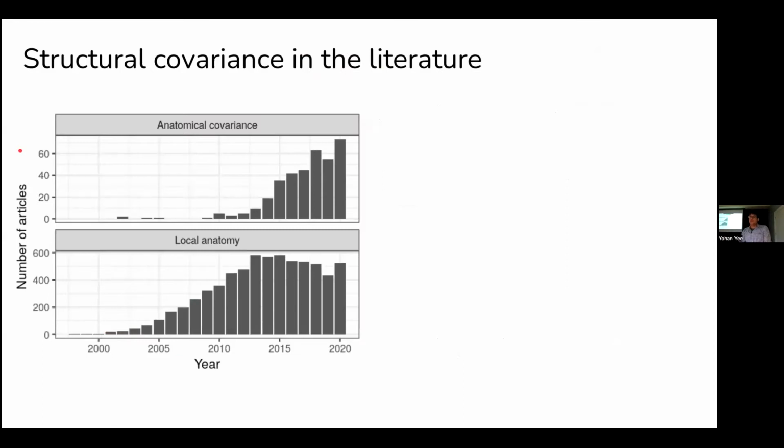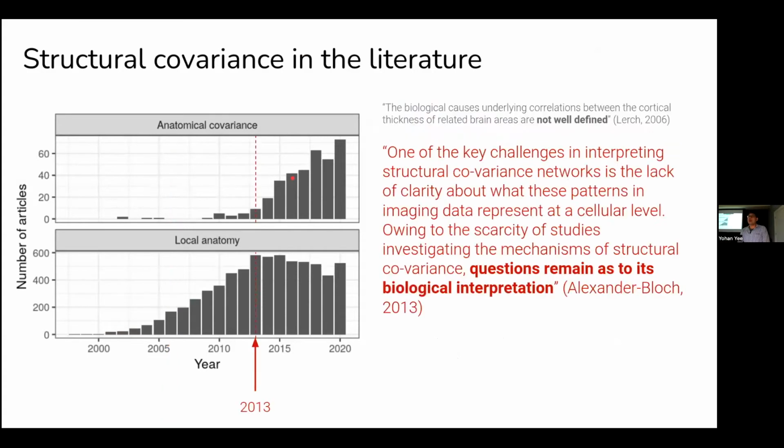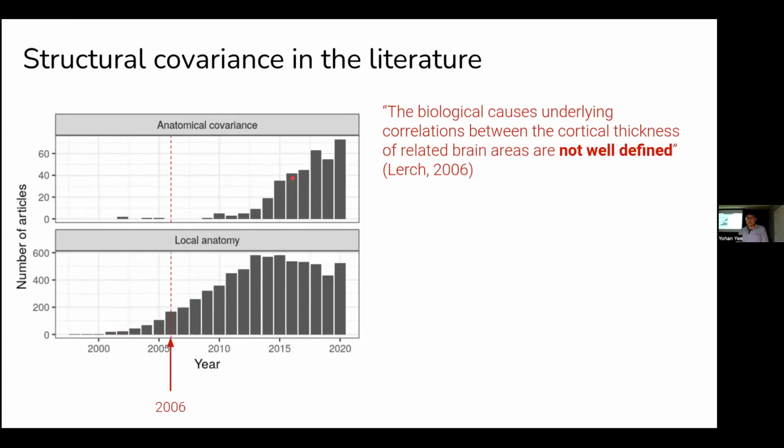In the literature, this idea of using structure to form networks has been very appealing. And as you can see in the top plot, the number of studies plotted over time has really shot up over the past decade. But what we really don't know is what's underlying the formation of these structural covariance networks. So back in 2006, in that study that I cited earlier, Jason mentioned that the biological causes underlying correlations between cortical thickness, it's not really well defined.